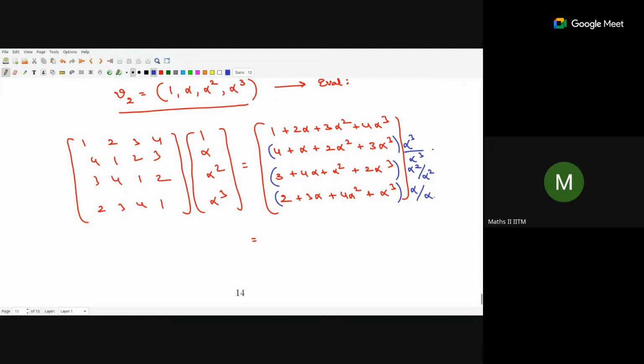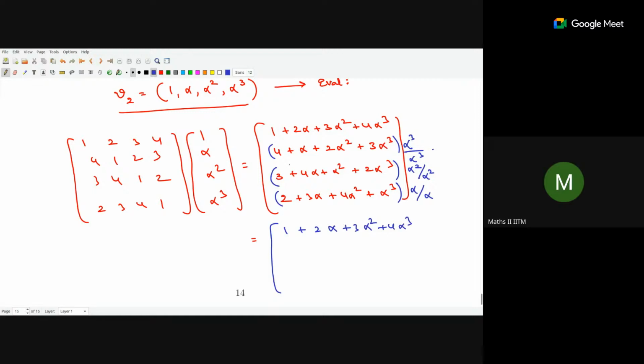So if I did this, let the denominator stay as it is. I'm not changing this denominator, but instead I am multiplying alpha cube throughout this expression, alpha square throughout this expression, alpha throughout this expression. So the first entry is unaltered.